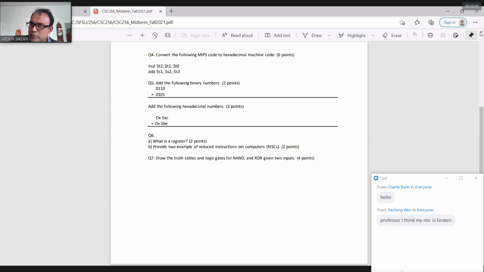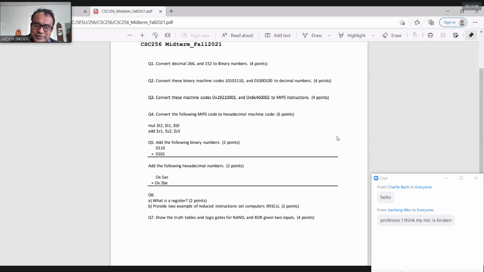People beat around the bush and tried to explain what a register is, but it was one sentence in the PowerPoint, the PDF slides. I mentioned many times that you need to write that and you'll get 100%. But I still give you a point. I didn't deduct points even if people beat around the bush. I know you understand what a register is, but you don't have the right sentence from the book or from the PDF slide. So a register was what?